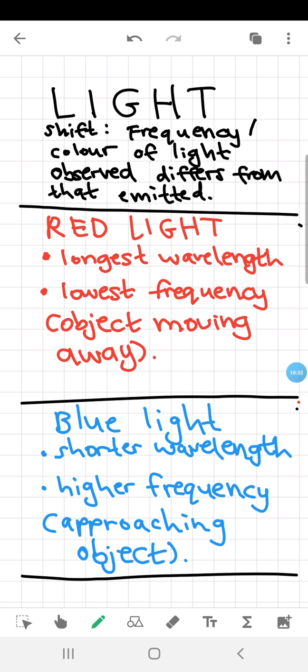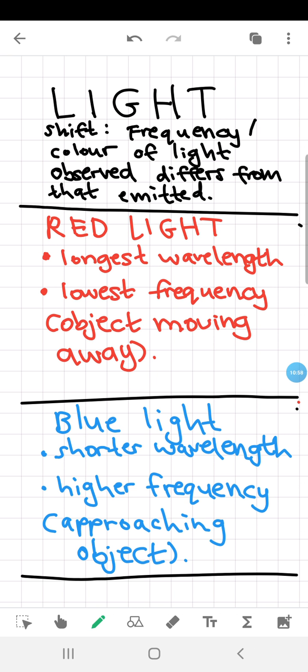So if an examiner asks you to use the cosmological redshift to explain why the universe is expanding, you're going to say it's a phenomenon where predominantly, meaning more, light of a lower frequency and longer wavelength is observed than the real frequency being emitted by stars.